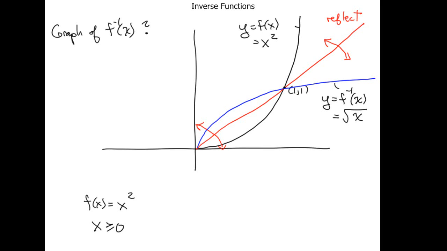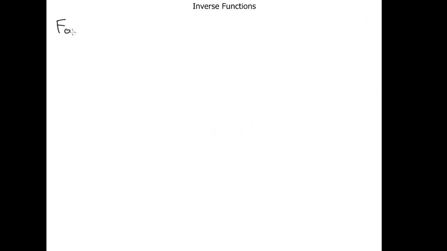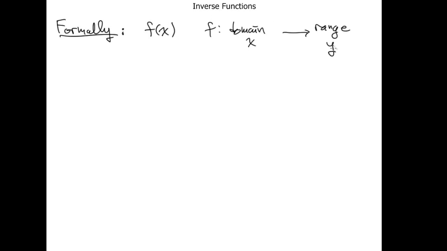Okay, well, I want to say a few of these things a little more formally now, so just to have some concrete things put down. So we have a function f of x, and let's say it has some domain and it has some range, and I'll write the domain as x's and the range as y's. And both of these are subsets of R. They could be all of R or something less than that.